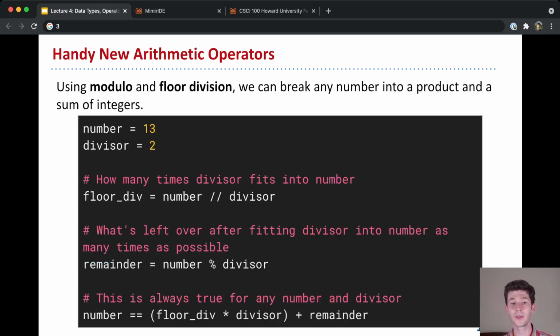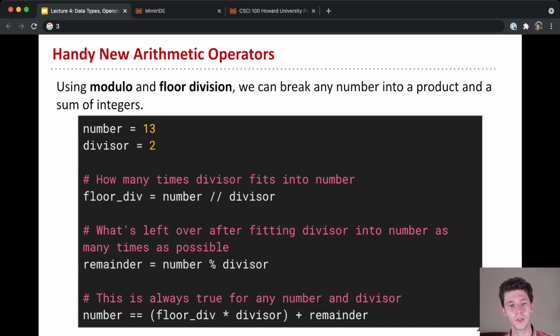And I'll point out that these two arithmetic operators go hand in hand. Using modulo and floor division, you can break any number down into an integer product and a sum. And so for any number and divisor, floor dividing that number by the divisor tells you how many times the divisor, in this case 2, fits into the number 13.